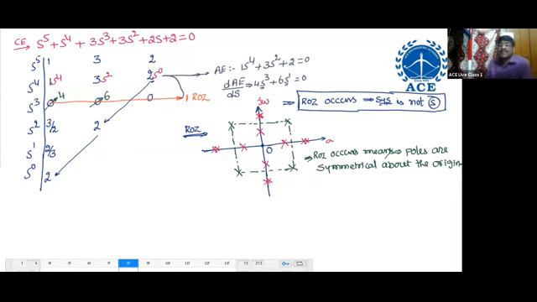How many poles are symmetrical about the origin? That is given by the order of the auxiliary equation. The order of the auxiliary equation gives the number of poles symmetrical about the origin.